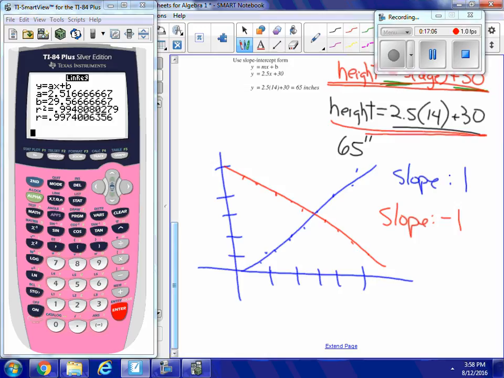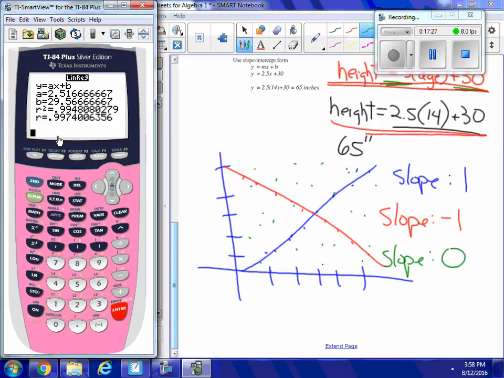If I had dots that were just all over the place, and it wasn't linear, and they weren't very strong, that would have a slope of 0. So the correlation, this number R right here, is giving you a number for how strong your correlation is. So it goes like this.